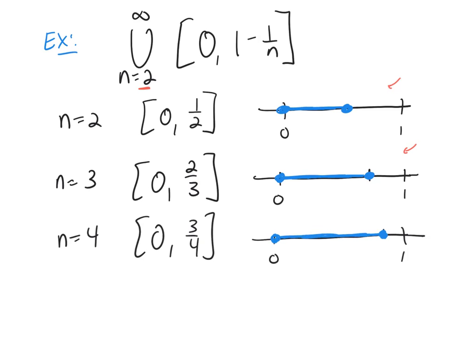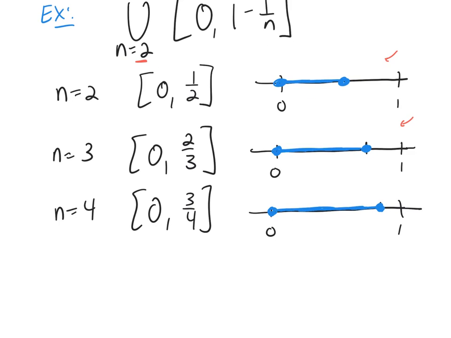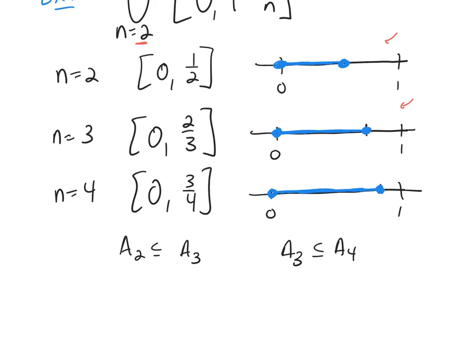So for example, A2 would be contained in A3, and then A3 would be contained in A4. So what looks like it's happening is I'm stretching my interval out towards 1. It's going to keep pulling and pulling towards 1.